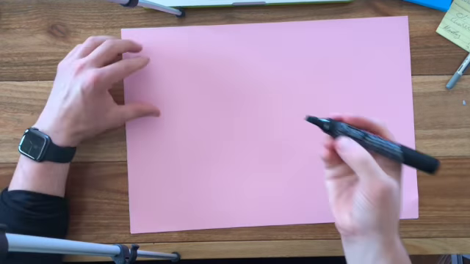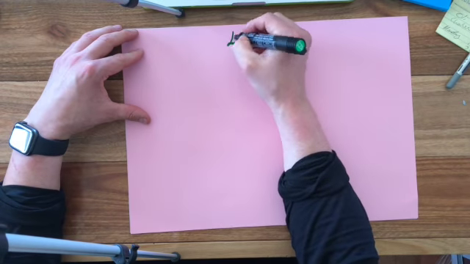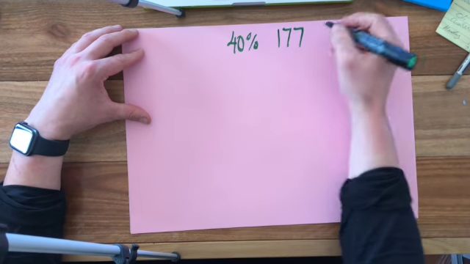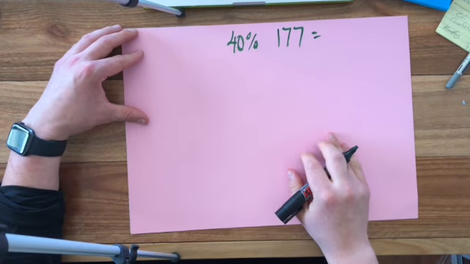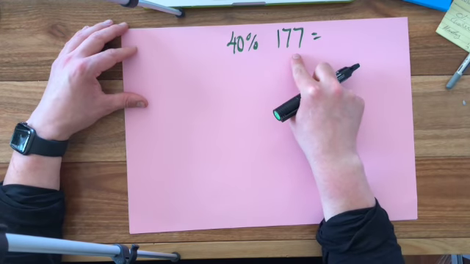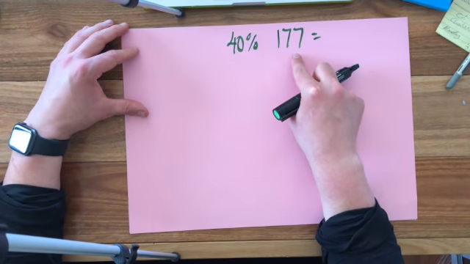Now, first steps first. We could think, let's do the same example. 40% of 177. Let's rename this number. How many tens in 177? Well, there are 17.